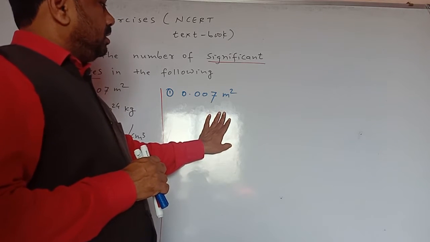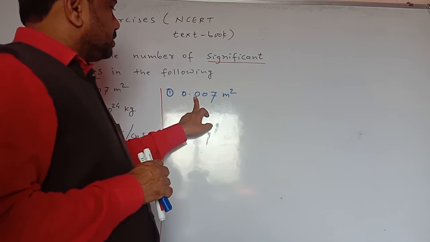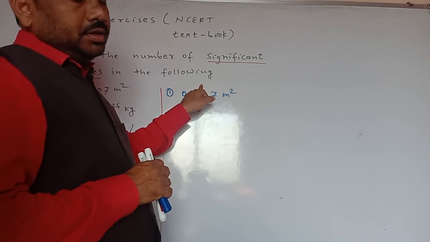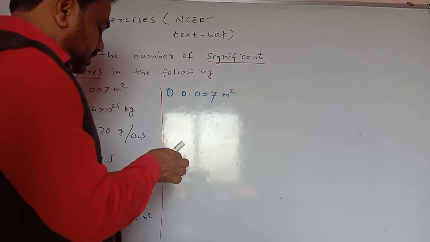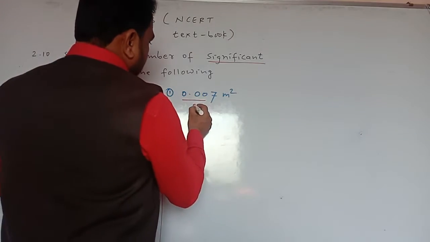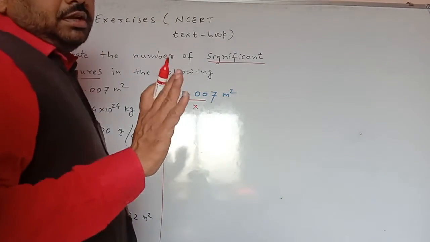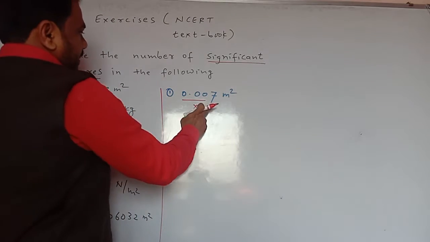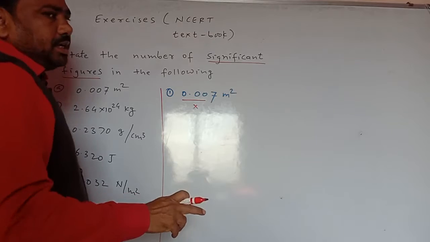These two zeros are present on the left side of the number, so these zeros are never significant figures. So how many significant figures are here? 7. How many digits are there? 1.